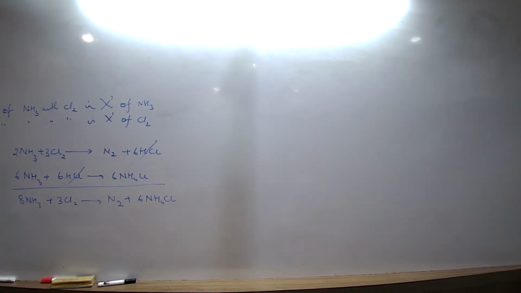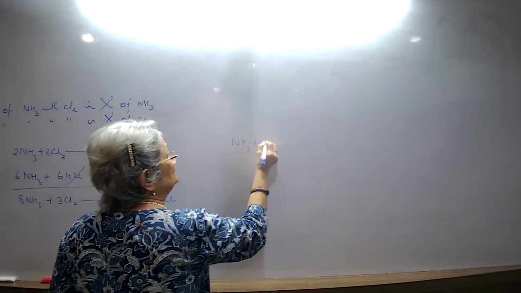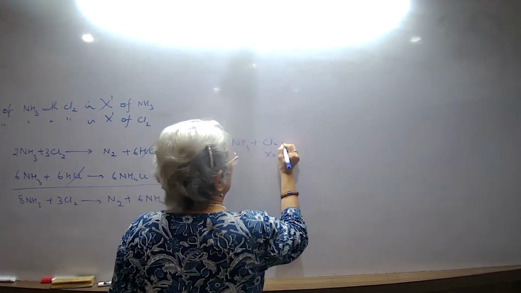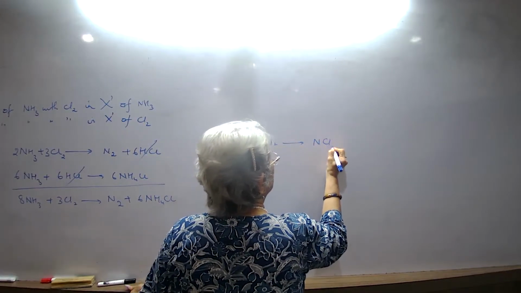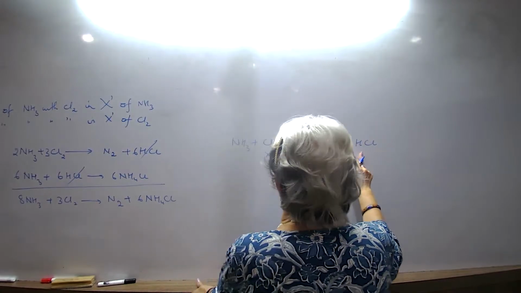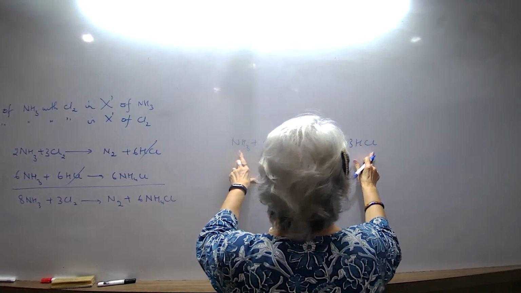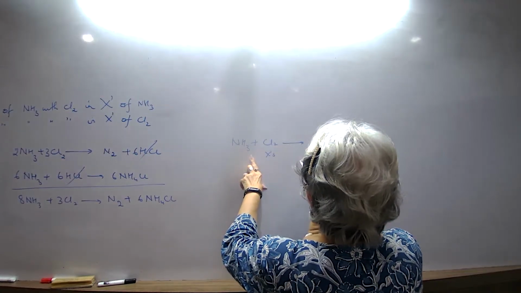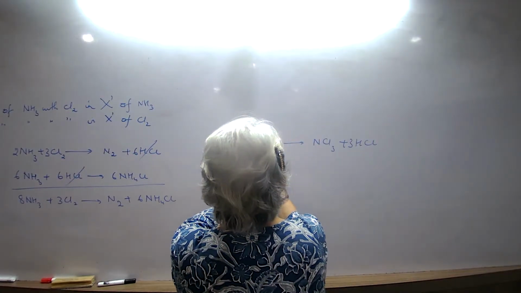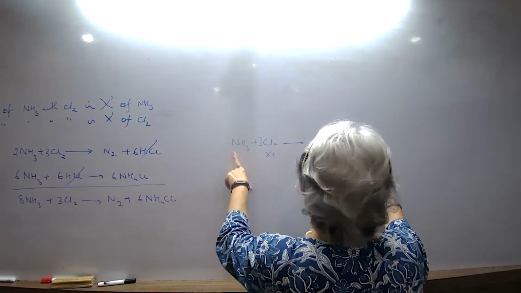Do you understand this? Now I'm talking about the excess of chlorine. Ammonia plus excess chlorine is giving you NCl3 plus HCl. You're going to get NCl3 plus 3 HCl, 3H, 3Cl. Okay, so you got 3Cl. Now 3 2s are 6, 3 and 3, 6.